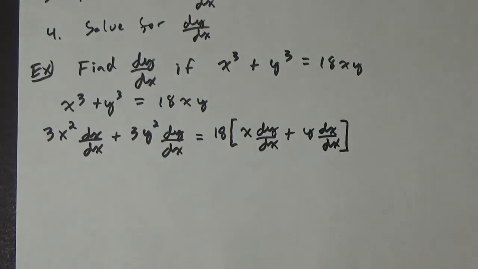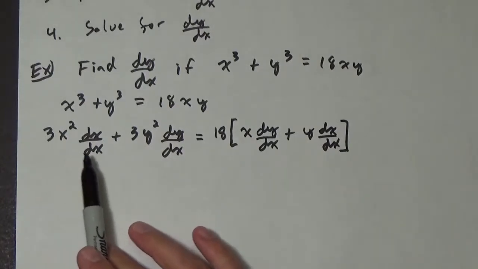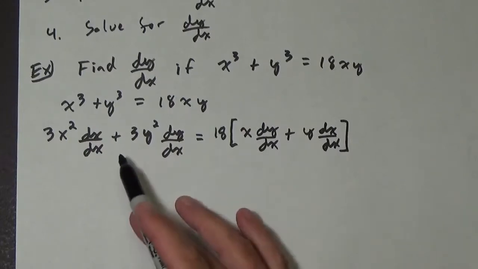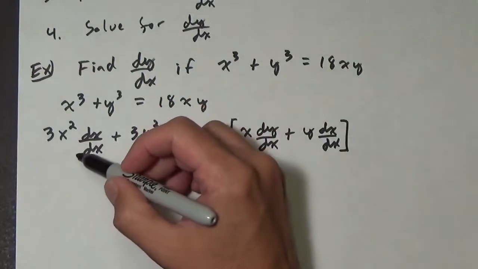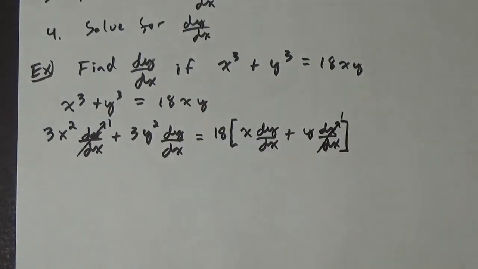Okay. So we've taken the derivative with respect to x, and one thing to note is that all these dx/dx's, as I said earlier, they're just going to go to 1. So this is going to go to 1, and this is going to go to 1.